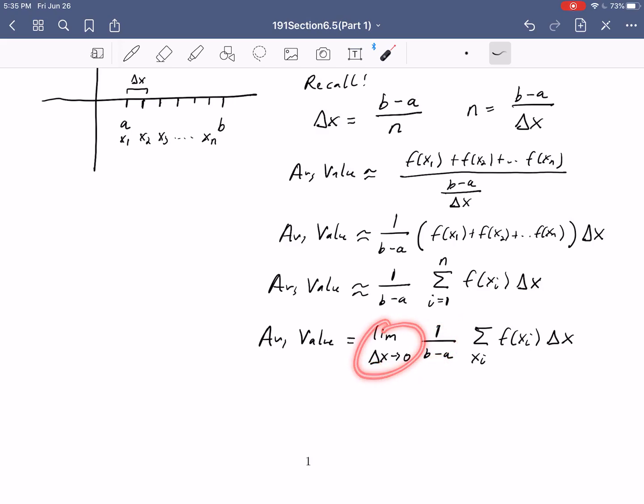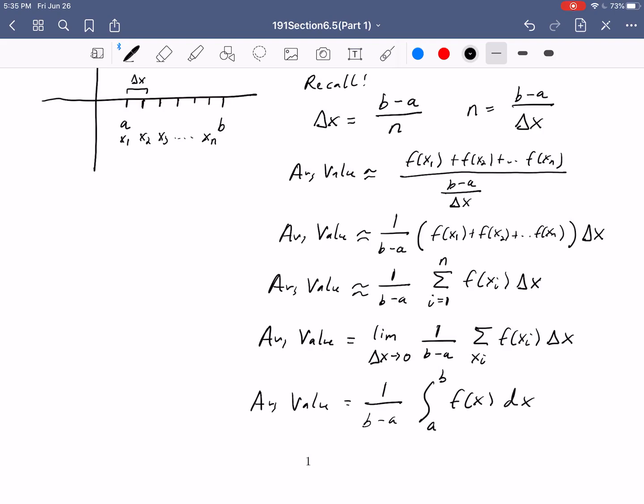And this limit, when it applies to that sum, makes this into a Riemann sum, so we get a definite integral. So we get that the average value here is actually 1 over b minus a times the definite integral. Where are these xi's occurring from? Well, they're going from a over to b. So it's the integral from a to b. And of course, we end up with f of x dx.